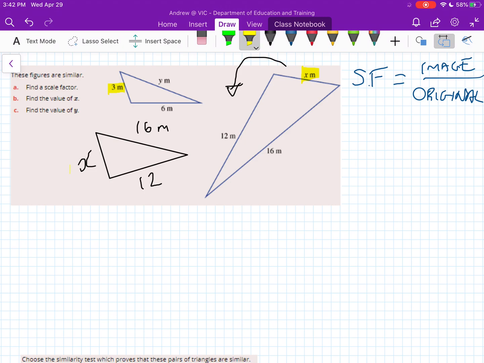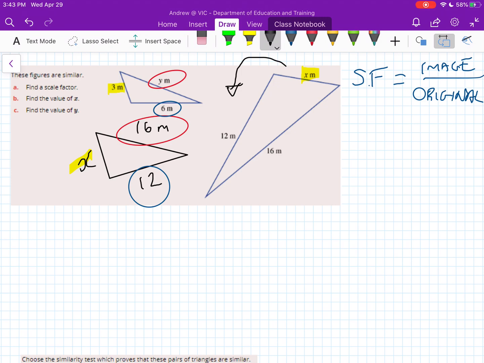So now hopefully you can see our matching values. We've got 3 and X, we have Y and 16, and then we also have 12 and 6. Okay, so now we can work out our scale factor by one value that has both numbers assigned to it. So this is the 12 and 6. So for the scale factor, I'm going to call the bigger one the image.